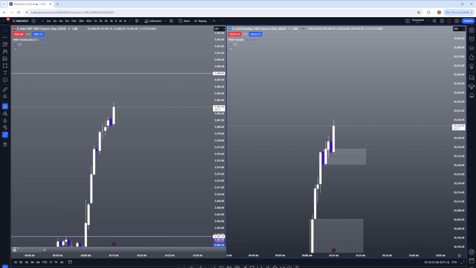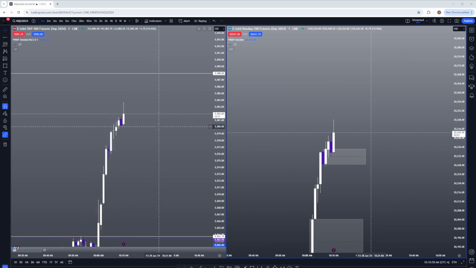But yeah, you can see we keep going. Doesn't look like we're really trying to pull back at all. We'll see what we do here. Still stalling at these imbalances.